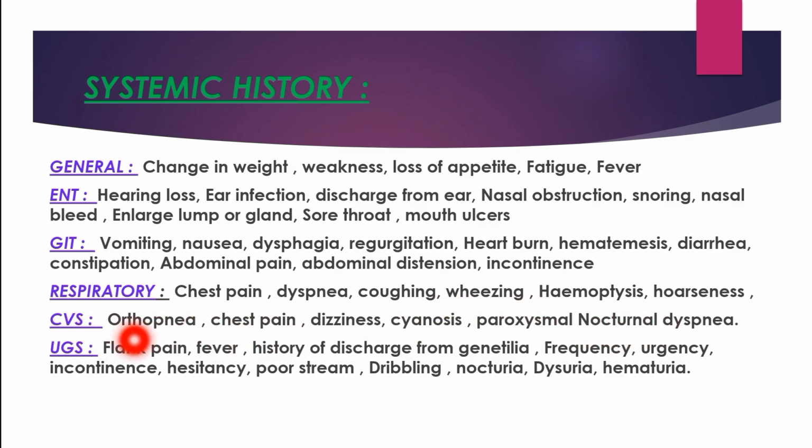And urogenital system history asks about flank pain, fever, history of discharge from genitalia, which is seen in pelvic inflammatory diseases, increase in urinary frequency, urgency, incontinence, hesitancy, poor stream, dribbling, nocturia, dysuria, and hematuria.